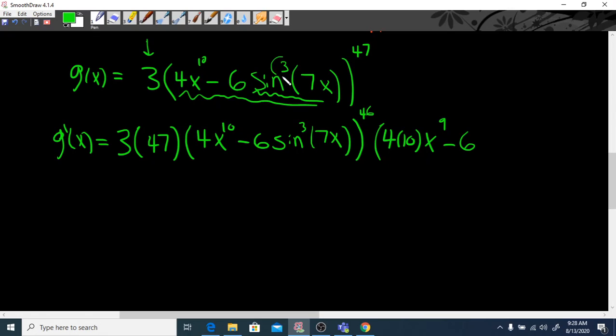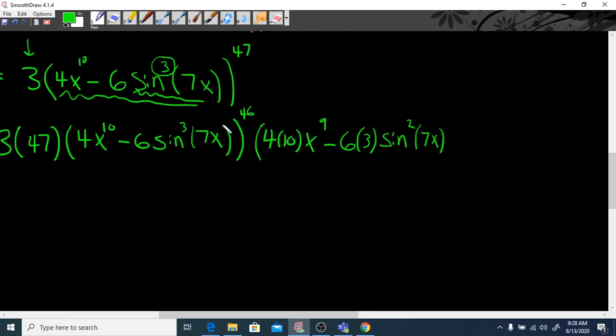The 3, the third power, the cube here, is the outermost function within this little set of stuff. Okay, so we need to handle that 3. So we're going to have 3 sine, and now the power is going to be reduced by 1, so that's power rule, 7x. So we handled the cube on the sine. So that part's done. And then we move inside.